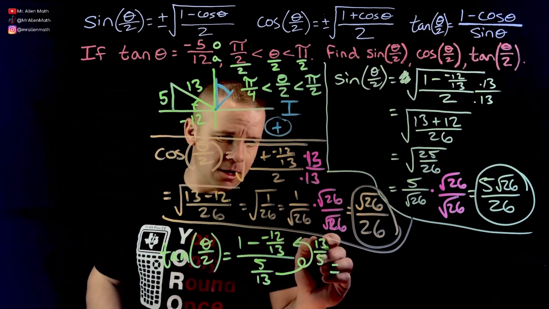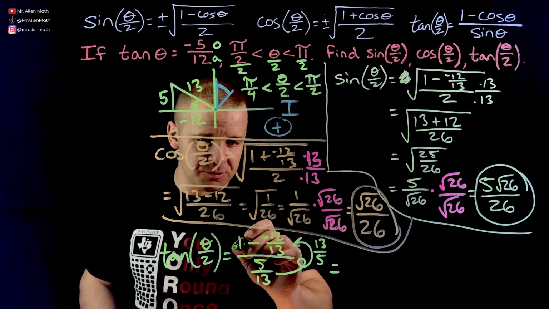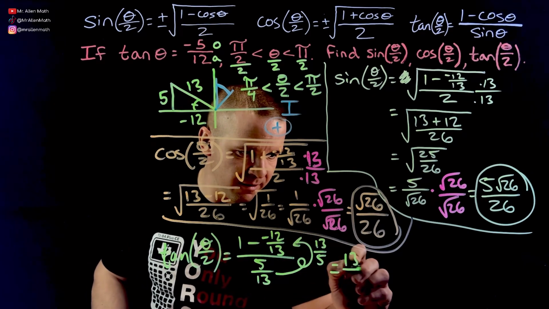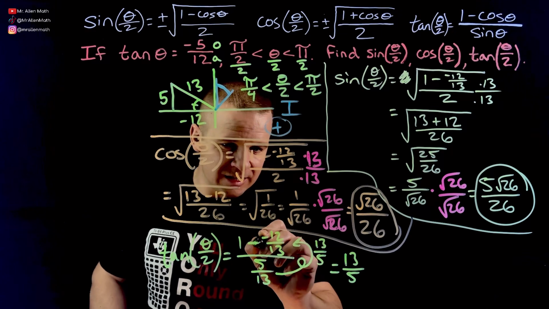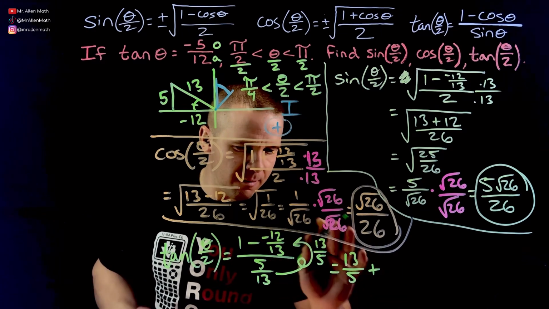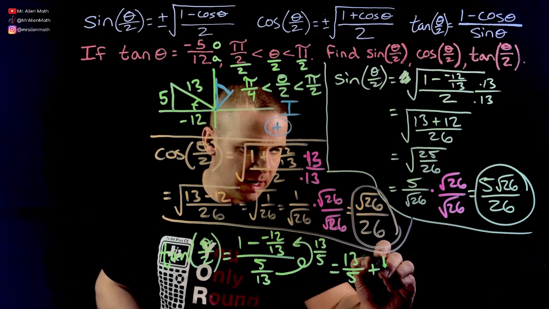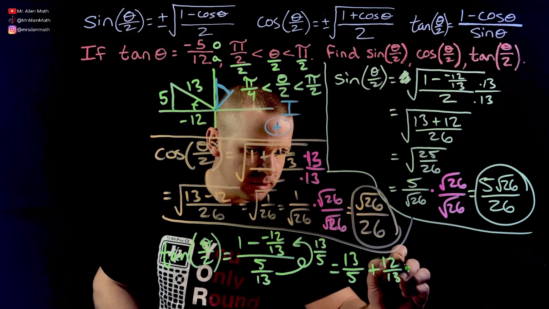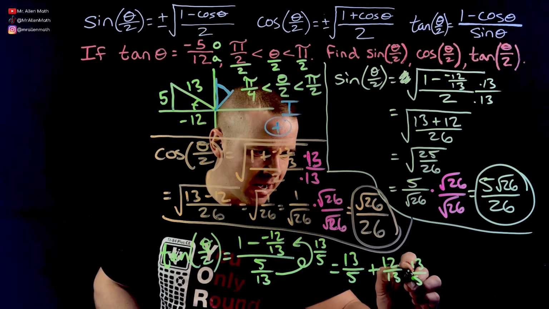All right, so we have 13 over 5 times 1, which is 13 over 5. And then it's negative, negative, which makes it positive. I'm going to write this out so we don't screw up: 12 over 13 times 13 over 5.